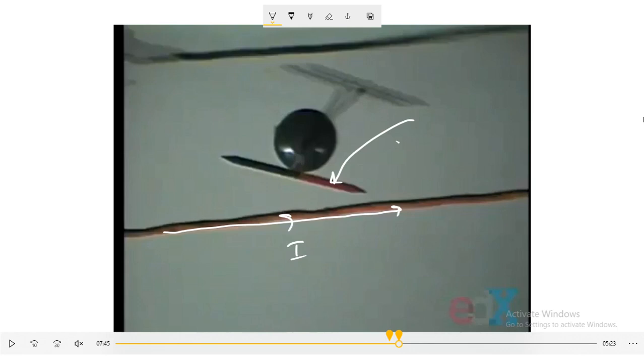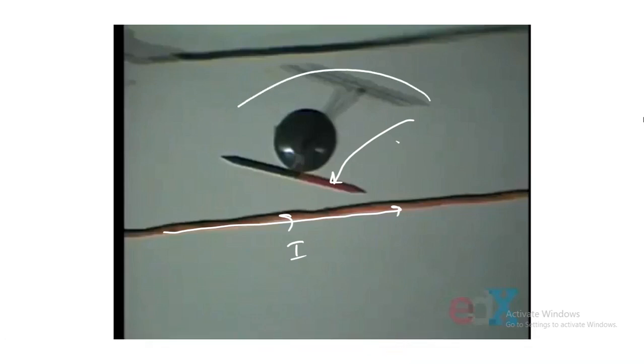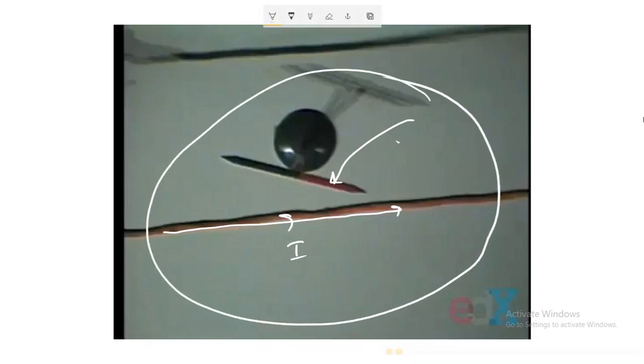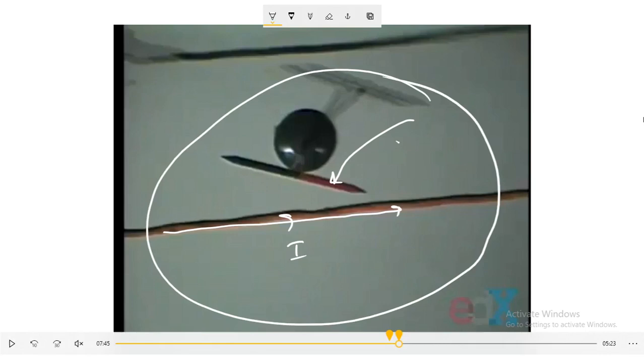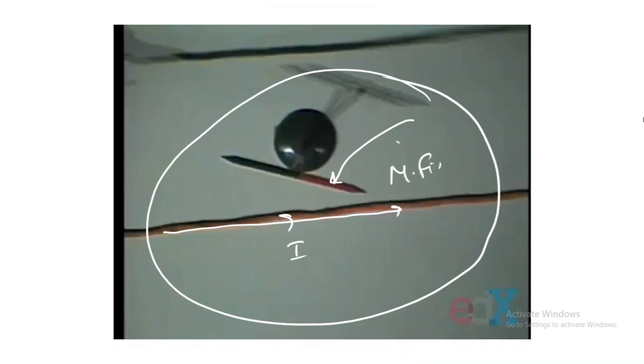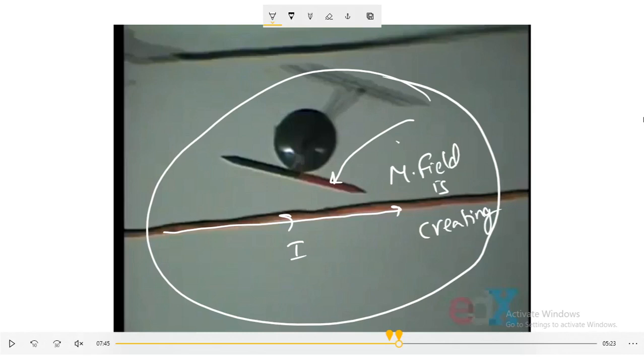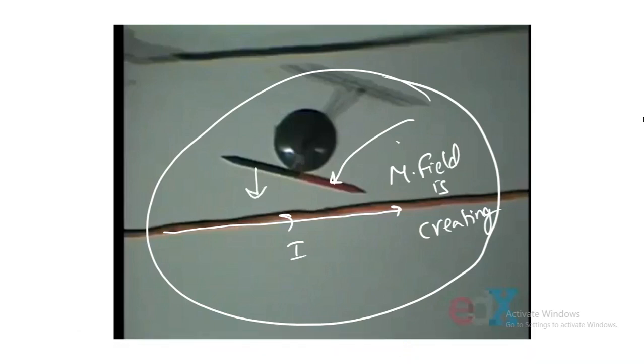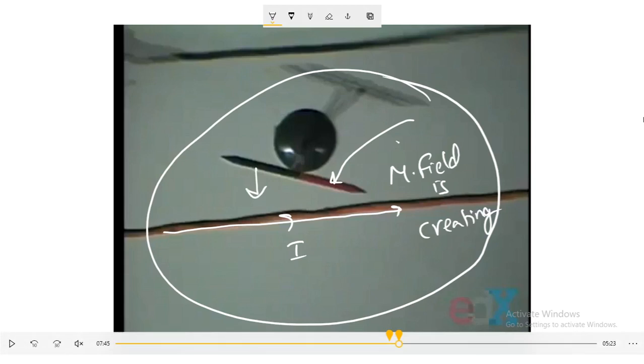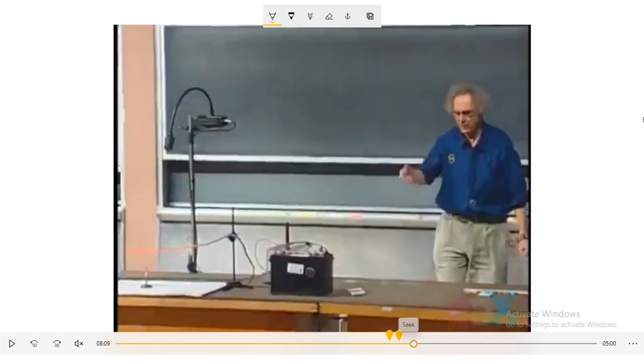Due to the motion of the charges through this conducting wire, in the nearby places of the conducting wire, a magnetic field is created. The evidence we can get is the deflection of the compass needle. So let us play to observe.